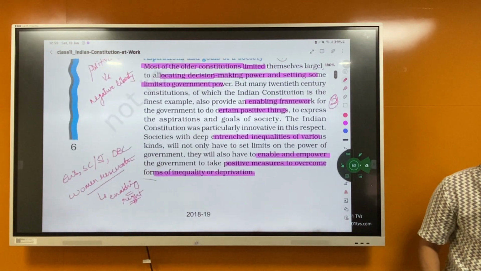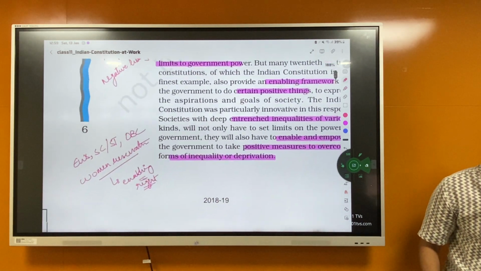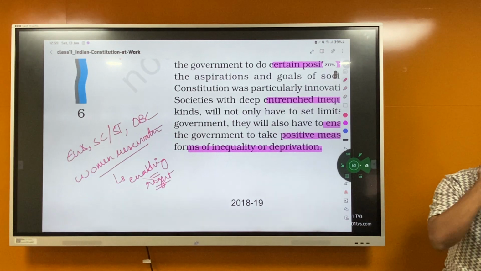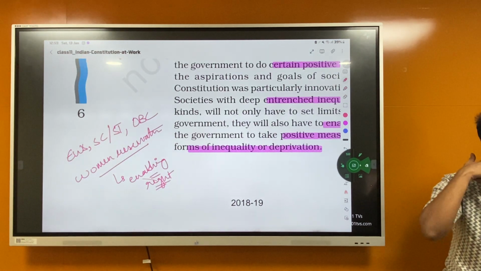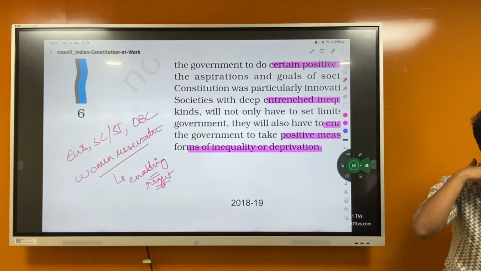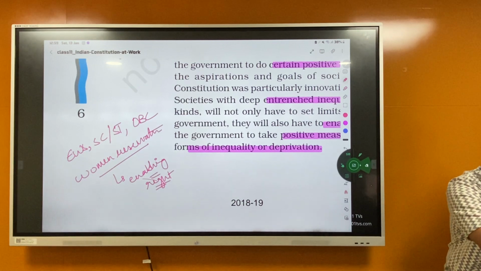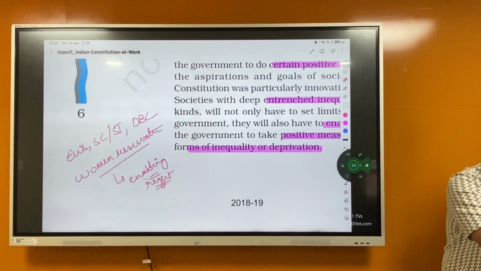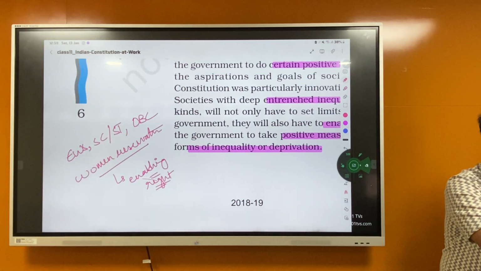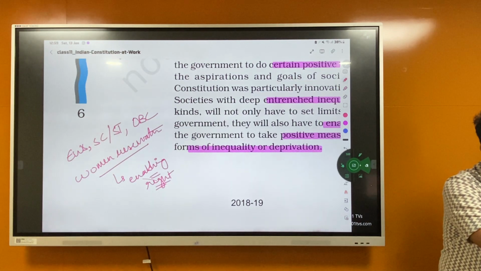So what are the things in India we have recently enabled? We have come up with a reservation called EWS, economically weaker section, right? Everyone knows about this. 10%. Economically weaker section means those who are economically poor. Before that we had other kinds of reservation like SC/ST reservation, OBC reservations, right?